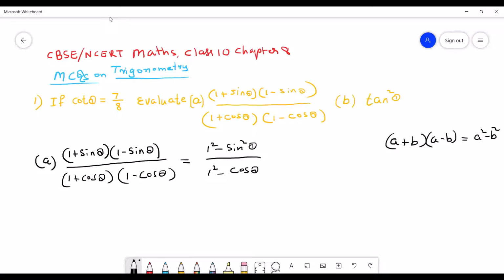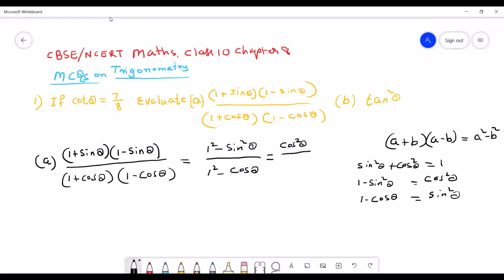Then we know sine square theta plus cos square theta is 1. It means 1 minus sine square theta is cos square theta, as well as 1 minus cos square theta is sine square theta. So the numerator will be cos square theta and the denominator will be sine square theta.